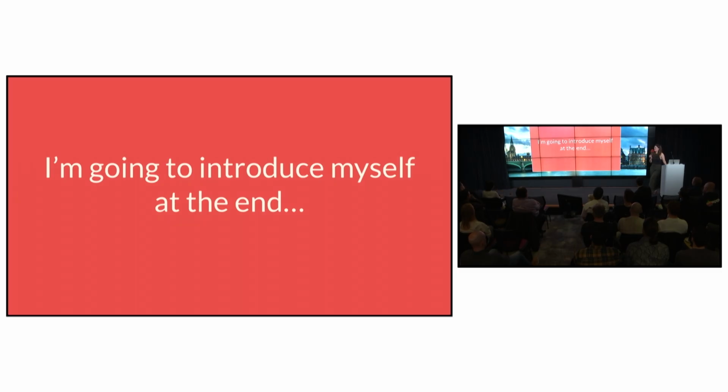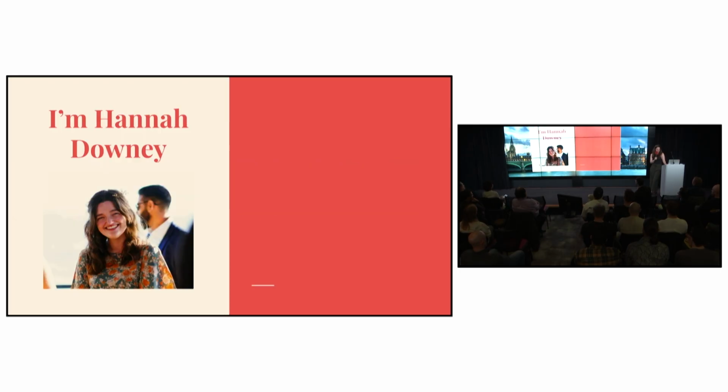And I said at the beginning I was going to introduce myself at the end, so I'm sure you've all been waiting for this bit. My name is Hannah Downey. I was an iOS developer. That's where I started. And I started off loving the iOS world with my own app on the App Store and things.